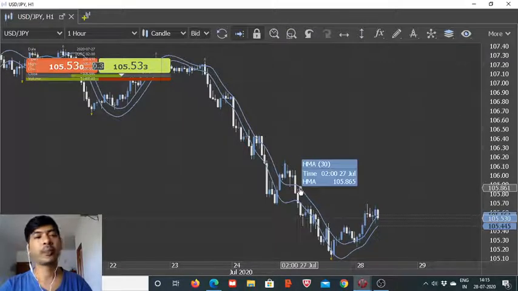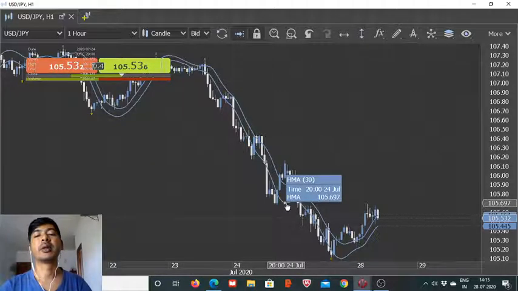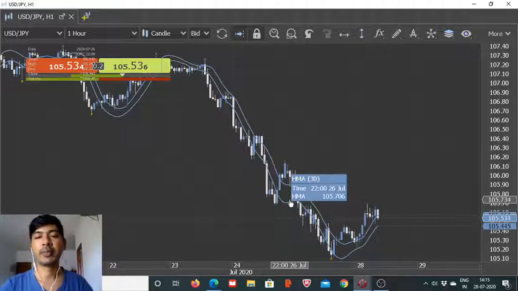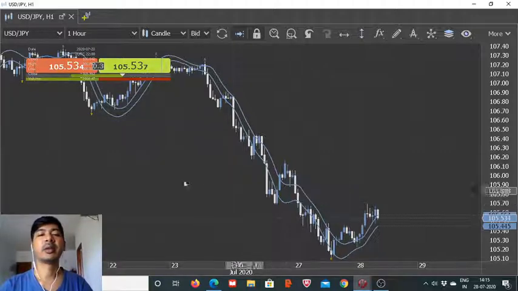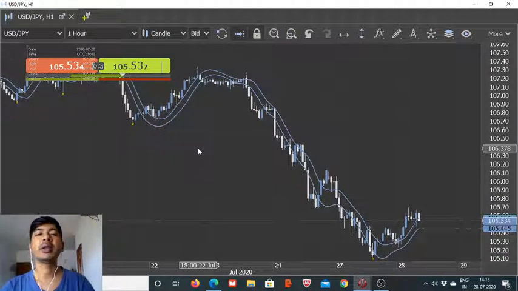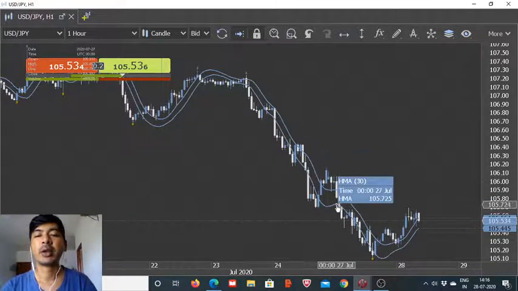So this difference between these two HMAs has arisen solely because of the applied price difference, and apart from that, all the parameters are the same, and that's why it is always important that we pay attention to the different prices on which the underlying instrument's value is being taken for calculating any indicator, and that makes a lot of difference in your trades, in your system.